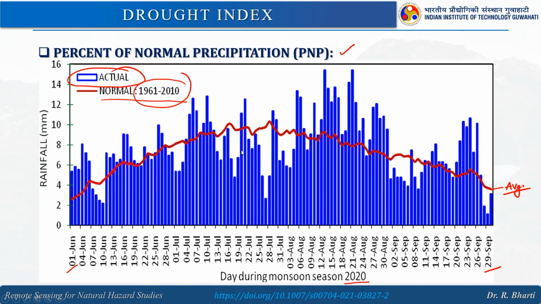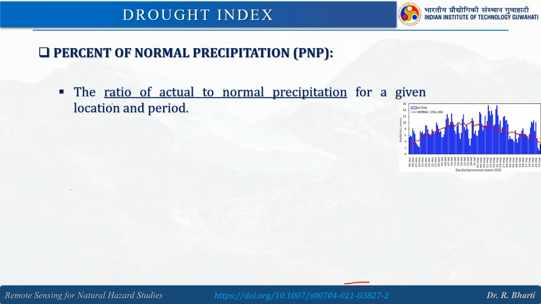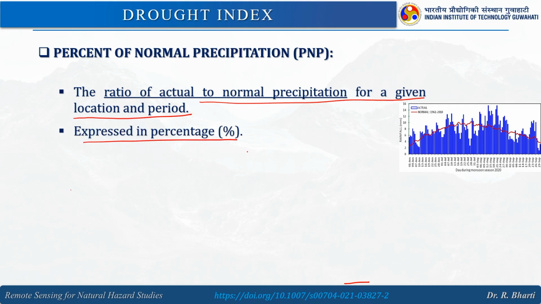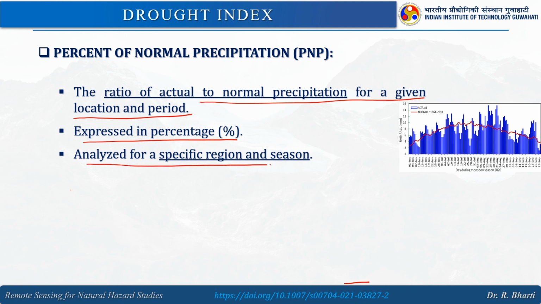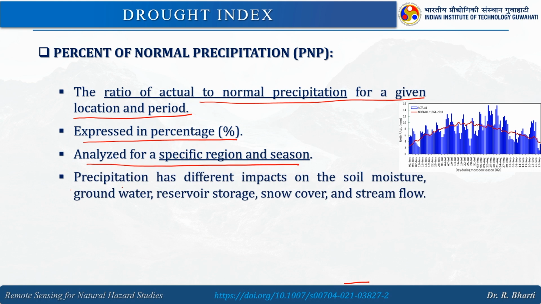This will help you identify whether a particular area is having stress or not. The PNP can be considered as the ratio of actual to normal precipitation for a given location and period, expressed in percentage, analyzed for a specific region and season.